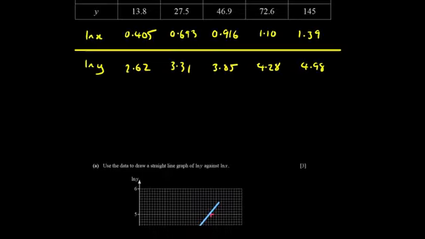So let's go up. The gradient m is equal to y2 minus y1, so 4.98 minus 2.62. We just do that, and I get 2.36. Divided by x2 minus x1, so that's 1.39 minus 0.405, and that gives me 0.985.